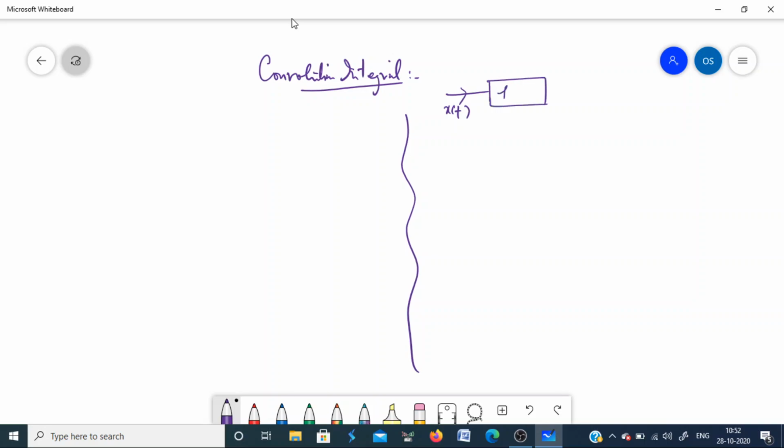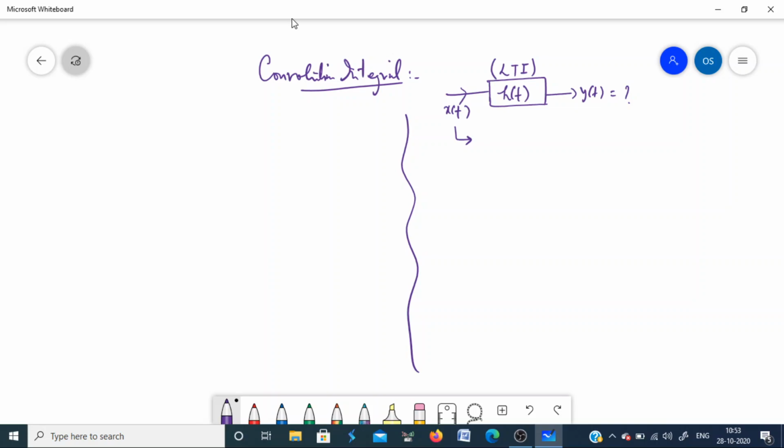This is applied to a system which has impulse response h(t), and you have to find y(t), assuming that this system is linear and time invariant. So we use the same approach. We will first express x(t) in terms of unit impulses, that is delta(t). And how can you do this in this case?